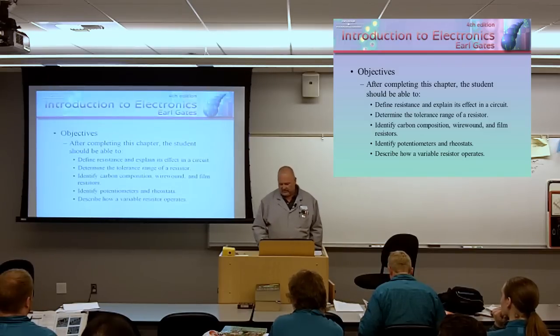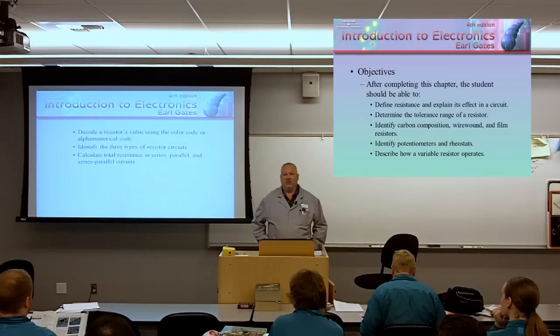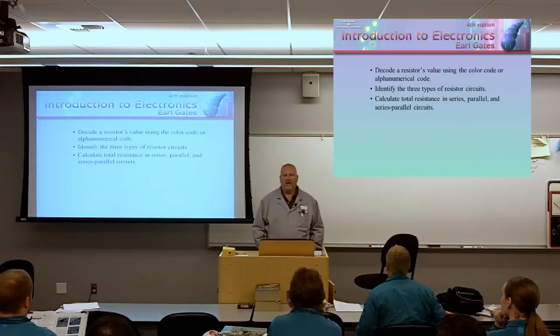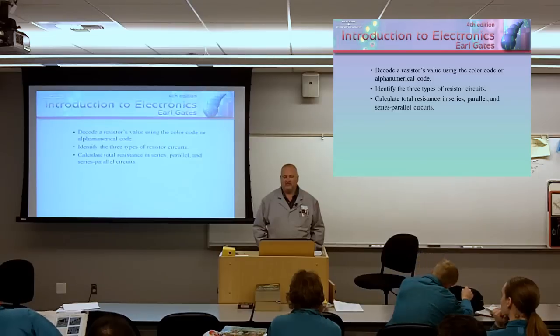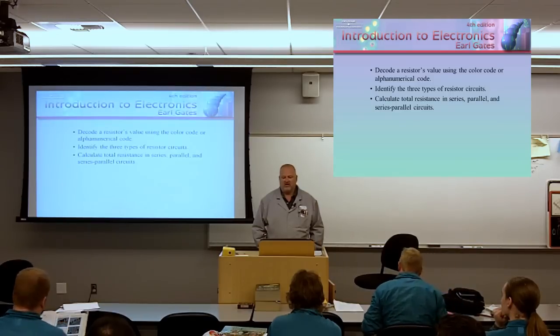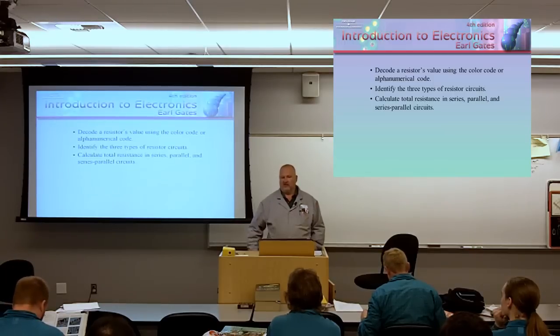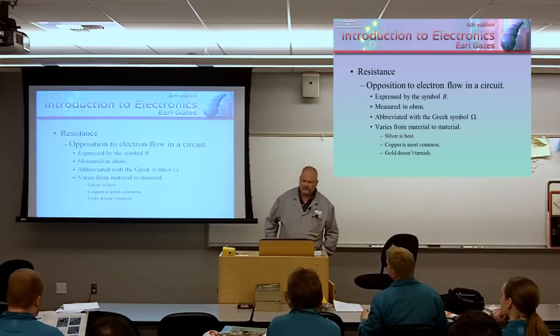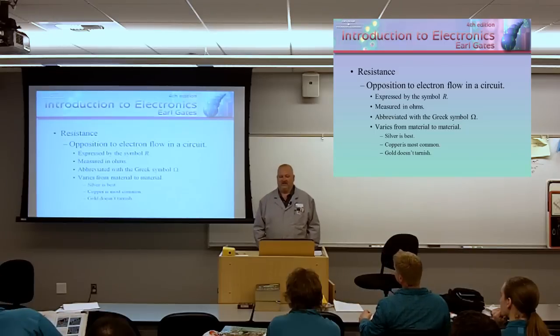Describe how a variable resistor operates. Decode a resistor's value using a color code or alphanumeric code. Identify the 3 types of resistor circuits, and calculate total resistance in series, parallel, and series-parallel circuits.